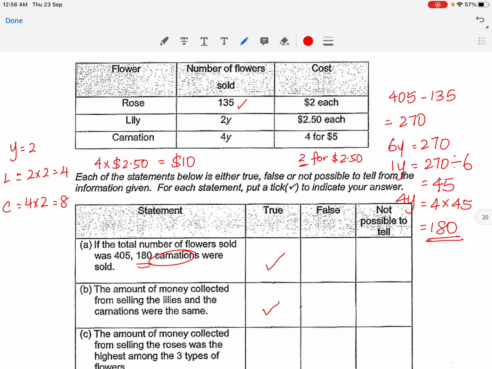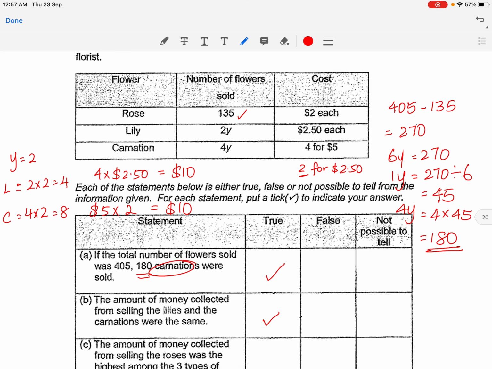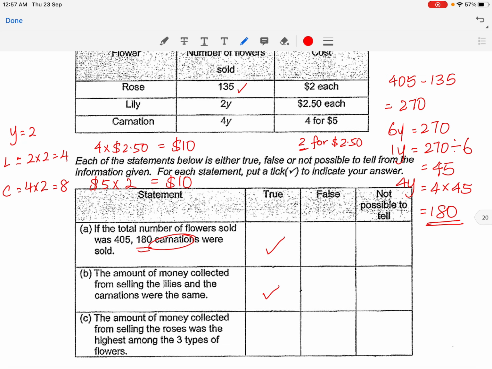If I have 8 carnations, 2 sets of it will be $5 times 2. You also get $10. So this is how you can actually figure out with calculation how statement B is actually true.